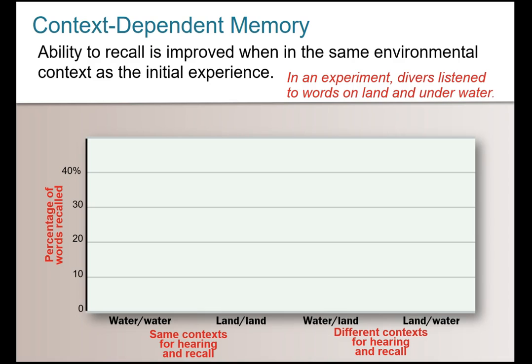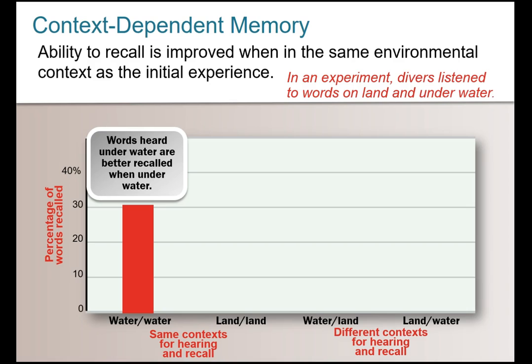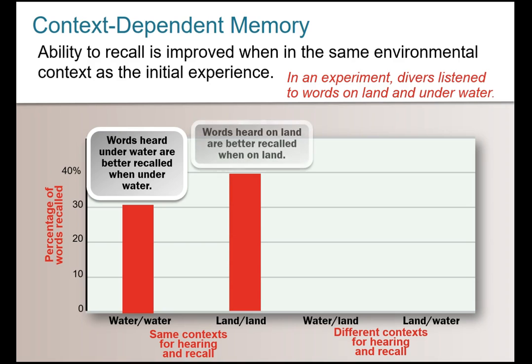So this was an interesting experiment where they had people learn a list of words. Some of the people learned the list of words underwater, and some of them learned the list of words on land. And then later they were asked to recall as many words as they could. Words heard underwater were better recalled when the people were underwater. Words that people learned on land were better recalled when they were on land.